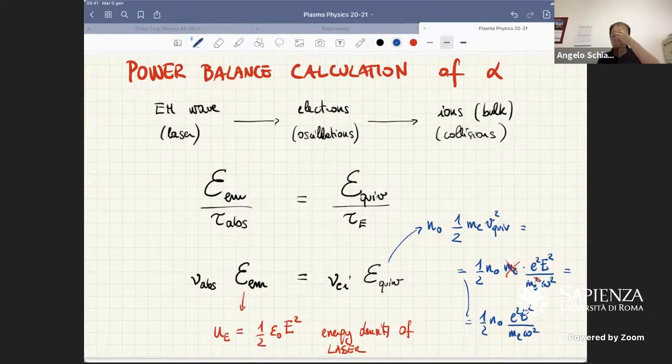Okay, now let's work a little bit with the frequencies and put everything together.